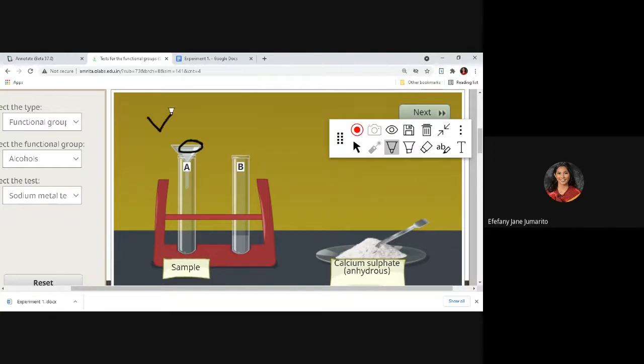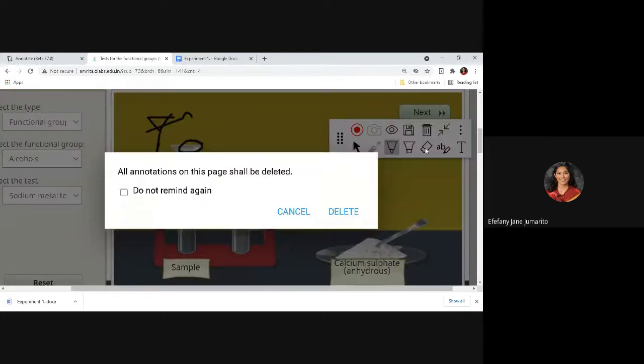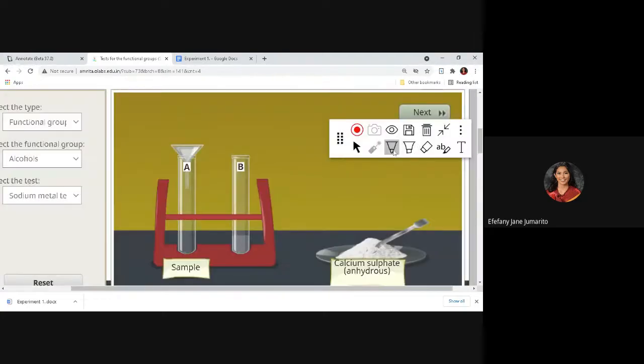It looks like a funnel. We call this one a filter funnel. Okay, filter funnel.